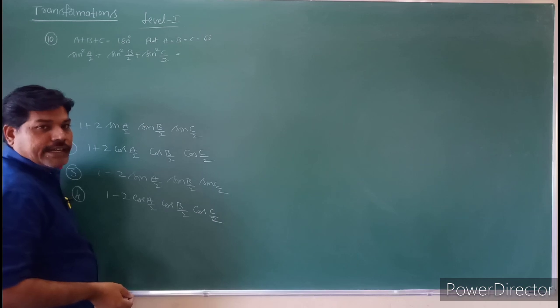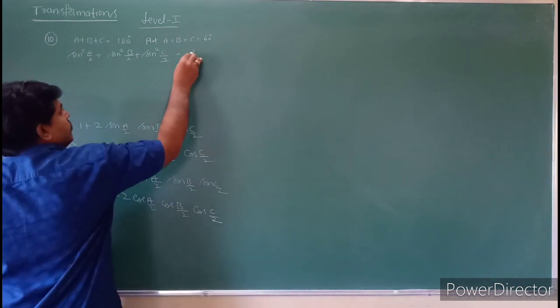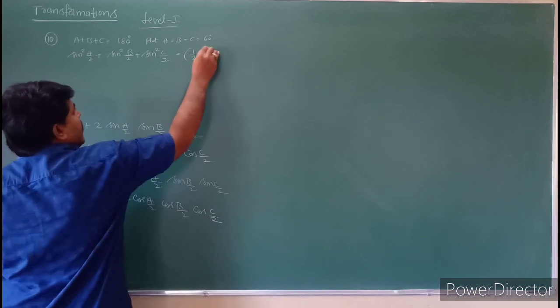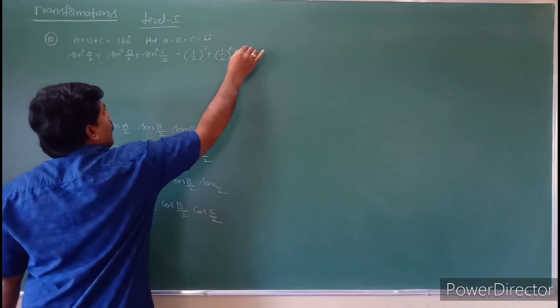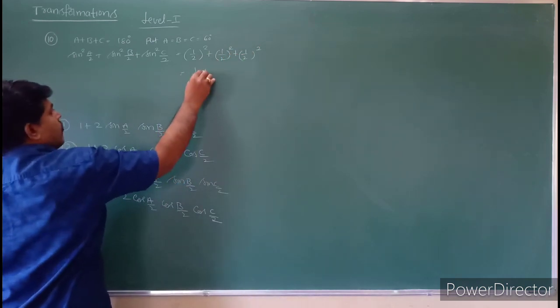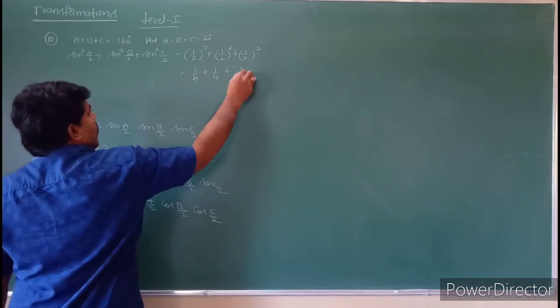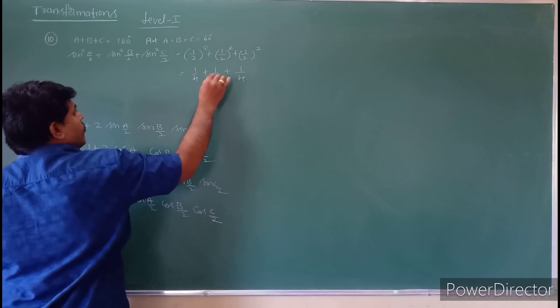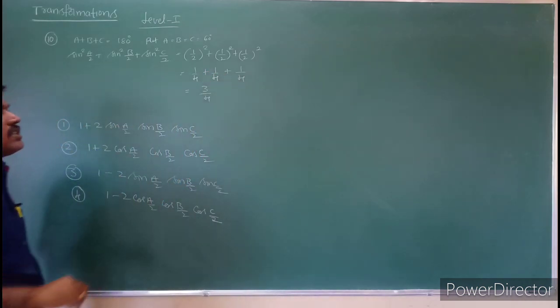A by 2 is 30 degrees. So sine 30 is nothing but 1 by 2. 1 by 2 whole square plus 1 by 2 whole square plus 1 by 2 whole square. That is nothing but 1 by 4 plus 1 by 4 plus 1 by 4. So the answer is 3 by 4.